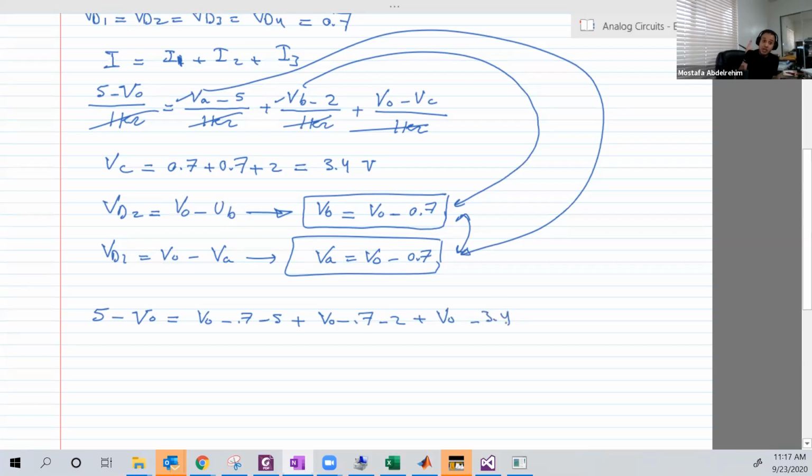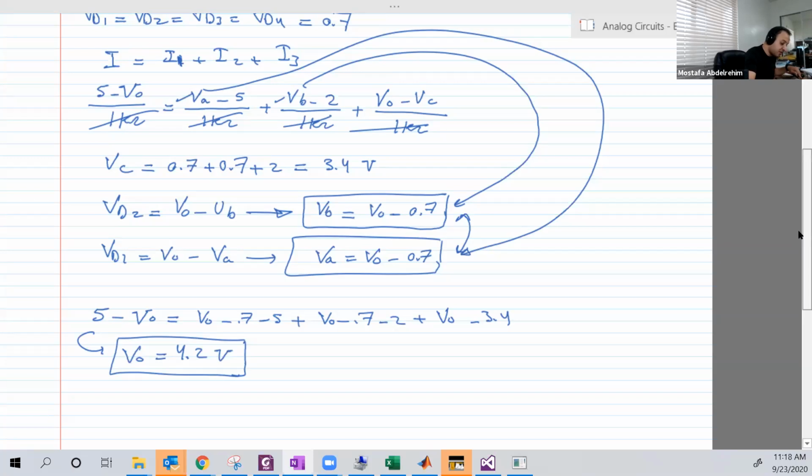This equation has only one unknown, which is VO. And based on that equation, VO is equal to what? 4.2 volts. Good. Now we didn't make any check. We will do it now by calculating the currents.